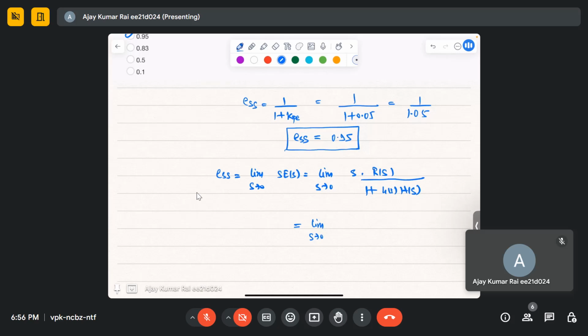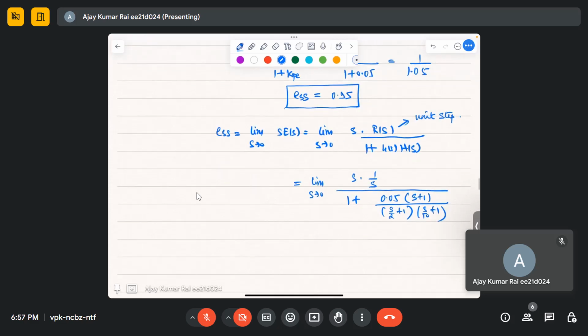Let's calculate that. R(s) is a unit step, so R(s) is 1 by s. 1 plus G(s)H(s), which is 0.05 by (s plus 1), (s by 2 plus 1) and (s by 10 plus 1).